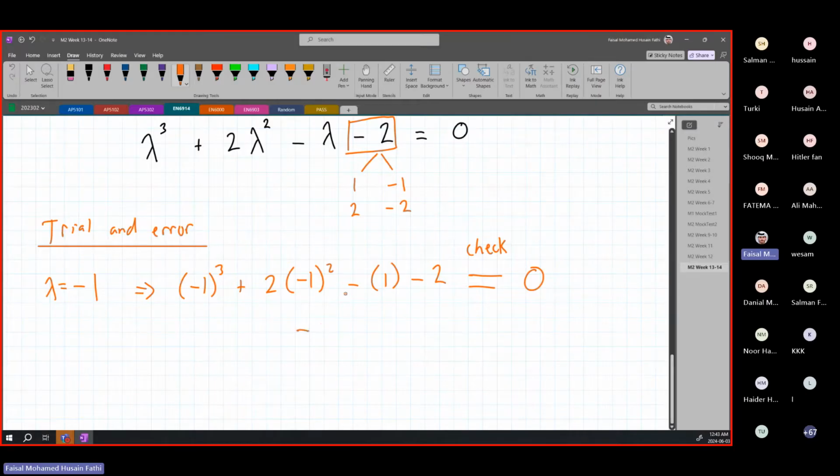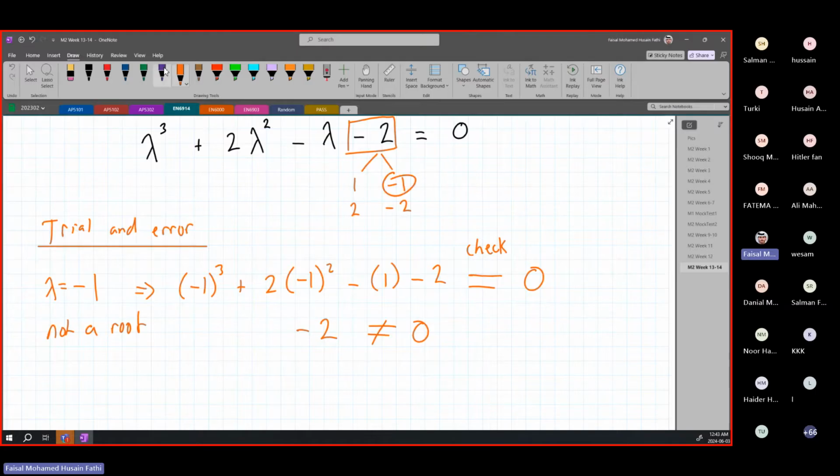The solution I get is minus 2, which is not equal to 0. That means that this is not a root. So we tried minus 1, now we can try 1. This is how it works: trial and error. You have to try each number until one of them sticks.